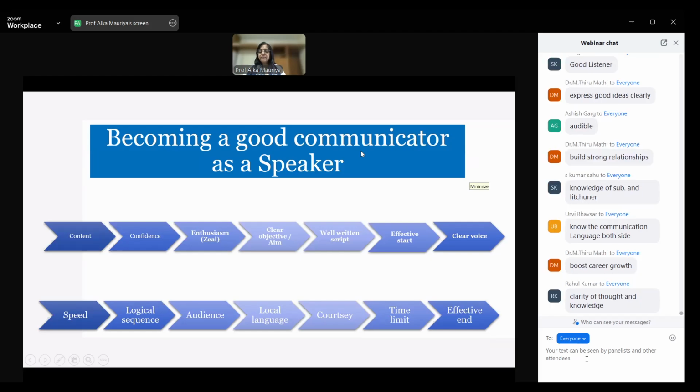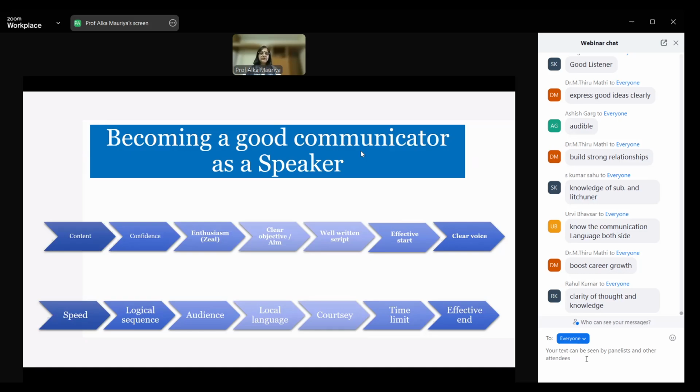When we are talking about being a good communicator, we'll be looking at both perspectives: how you can become a good communicator as a speaker, and also how you can become a good communicator on the other side when you're listening, right? So from the perspective of a speaker, what's important is content, right?